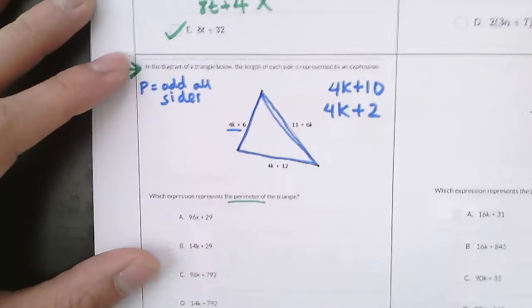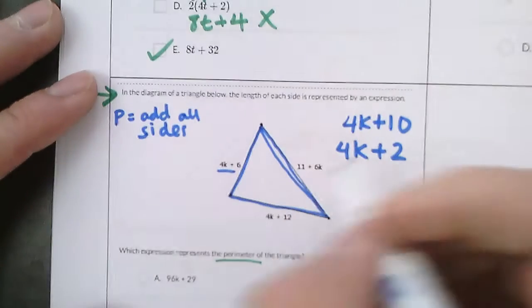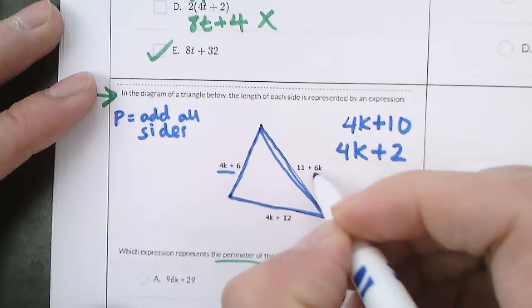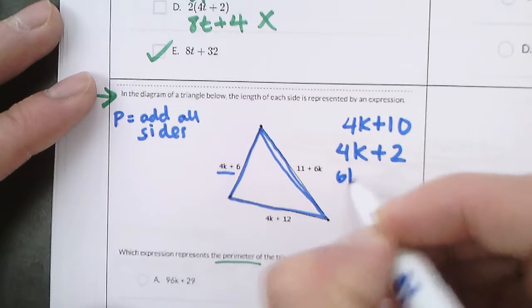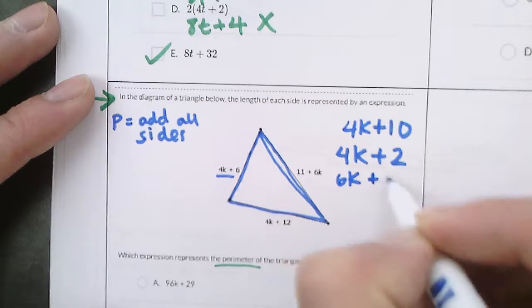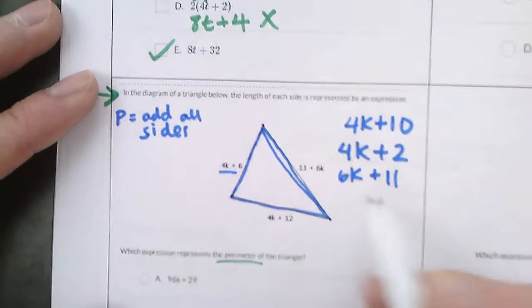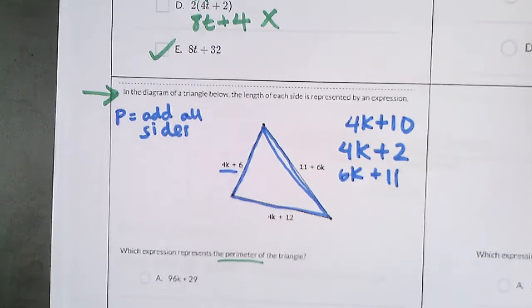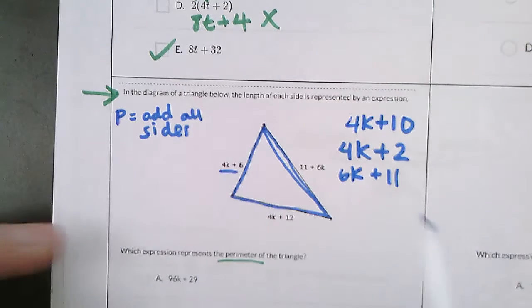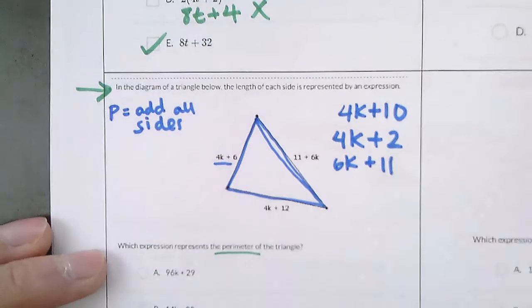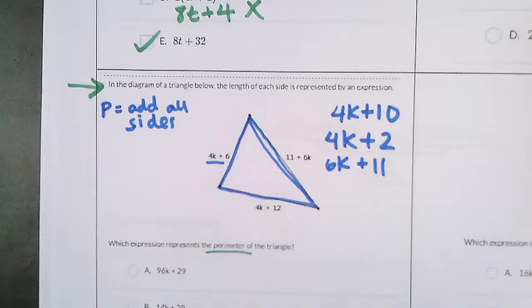Now, what I'm going to do is rewrite this expression right here and put the variable up front. So it's 6k plus 11. 11 plus 6k, same thing as 6k plus 11. And now I can start to add all of these sides together by combining like terms.